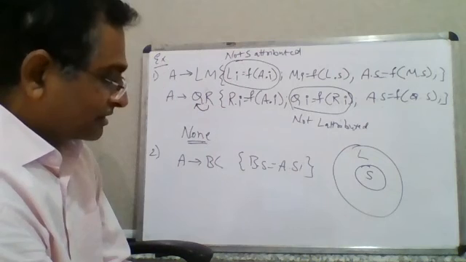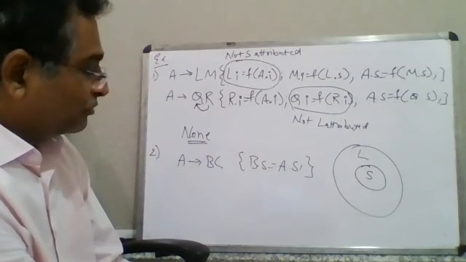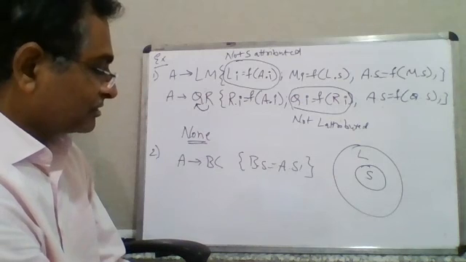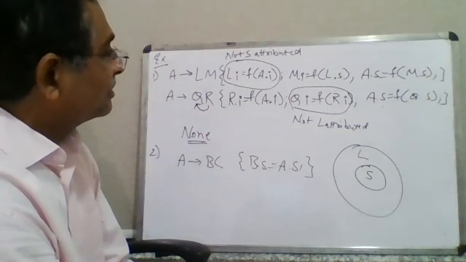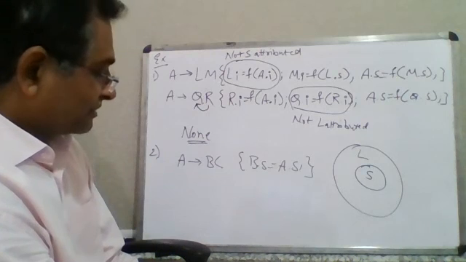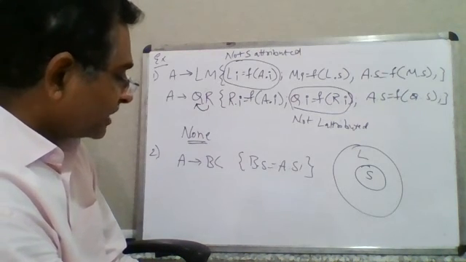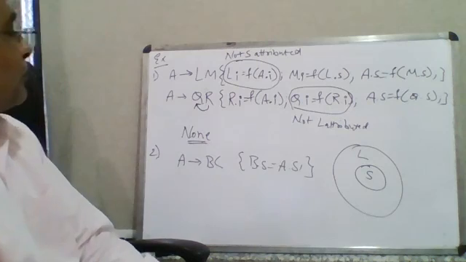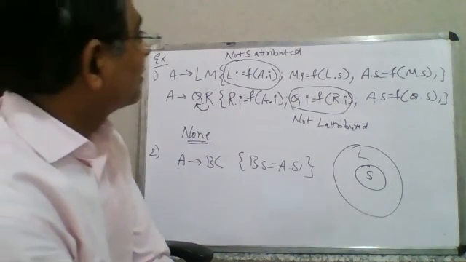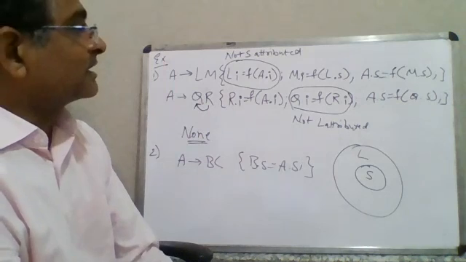But if the grammar is L attributed, it may or may not be S attributed, because it has both synthesized and inherited attributes. So we cannot say for sure whether it is S attributed or not from L attributed. So this is all about L attributed and S attributed definitions and syntax directed translation.